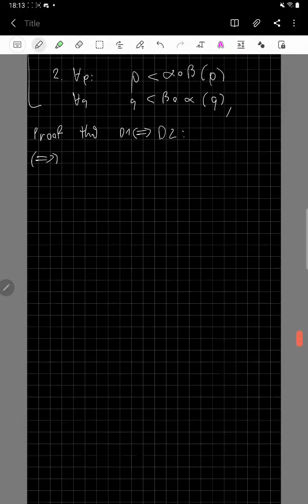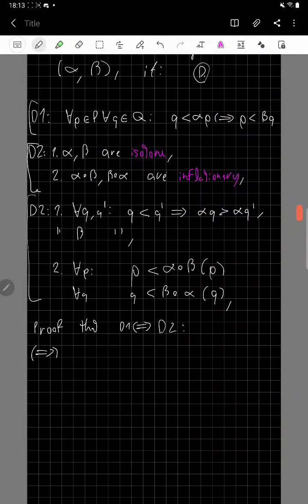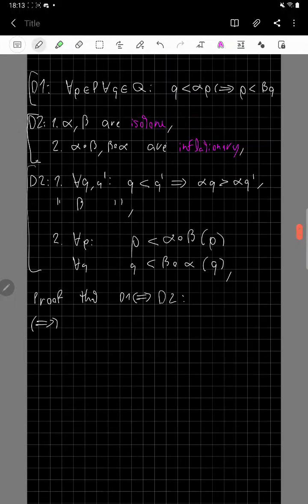So the only inequality we can start with that we know for sure is that p is smaller than p. And by smaller I mean smaller or equal, but I prefer writing it this way. So p is smaller than p, that's always true for any partial order whatsoever.